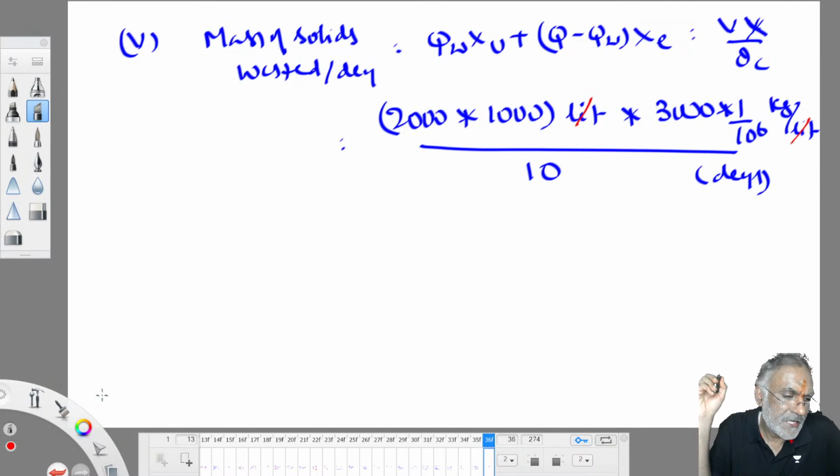Come on, how many kilogram per day? Only with units properly you need to work out.